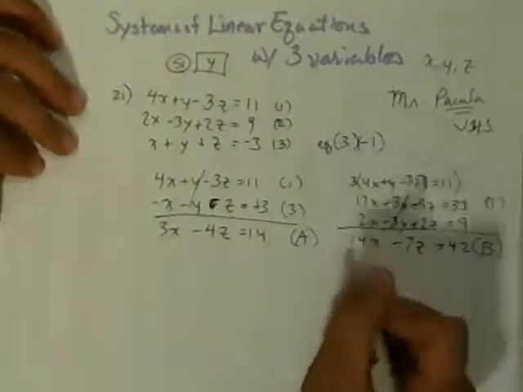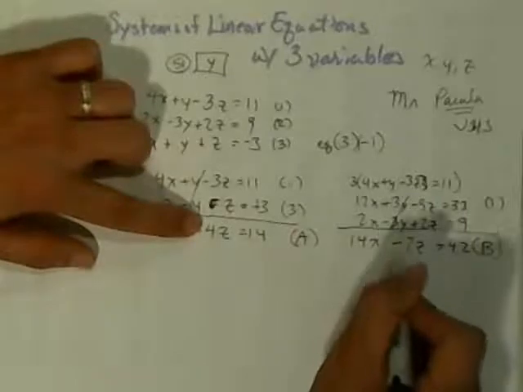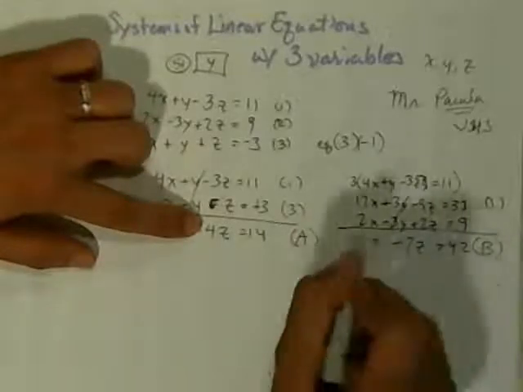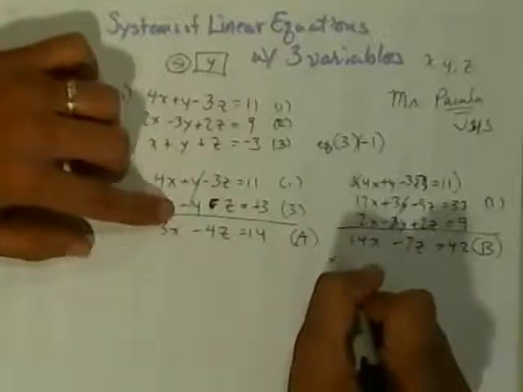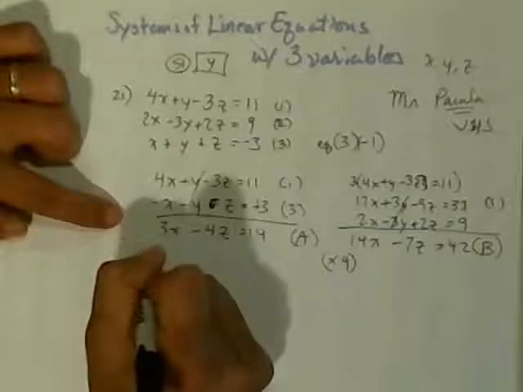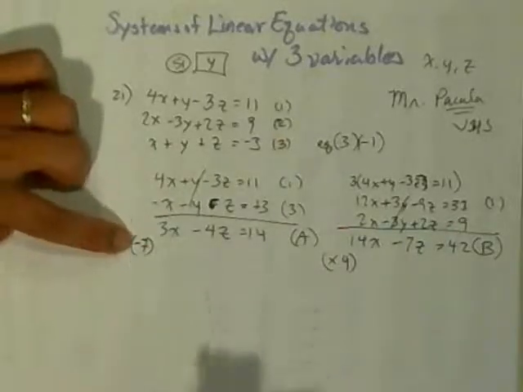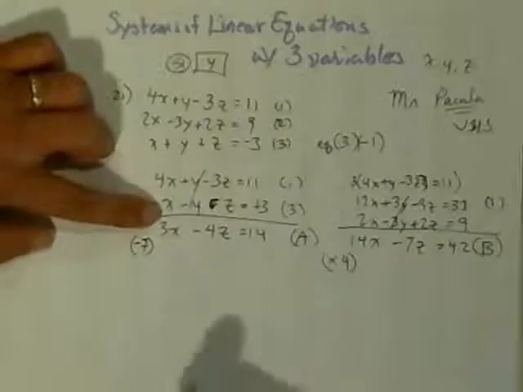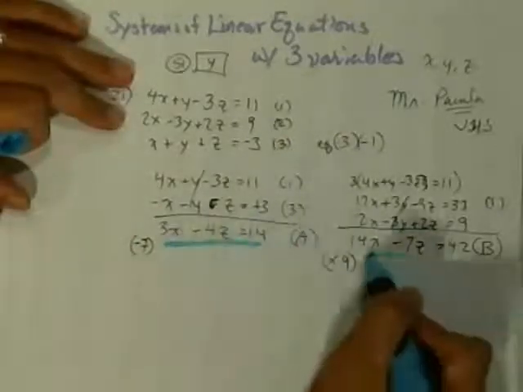Since this is a big number, I like to use my z's and get rid of that. Multiply this by 4, and multiply this by negative 7. So let's rewrite our equation.